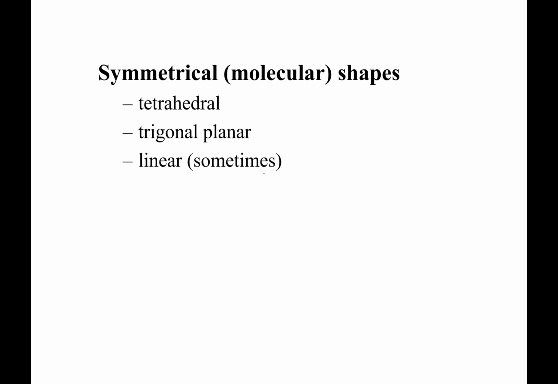So not only is this probably sp2 orbital hybridized, I wouldn't know until I saw the structure, but also it's trigonal planar with regard to its molecular shape. And so it's planar, okay. And then the last one we've done is linear, like carbon dioxide. Let me give you an example of that one.